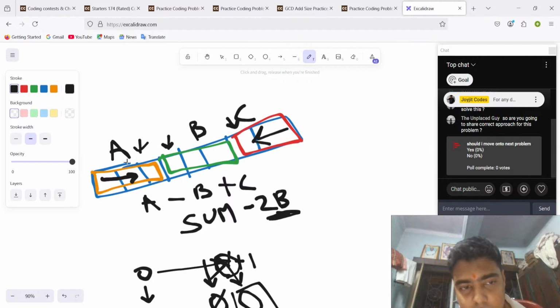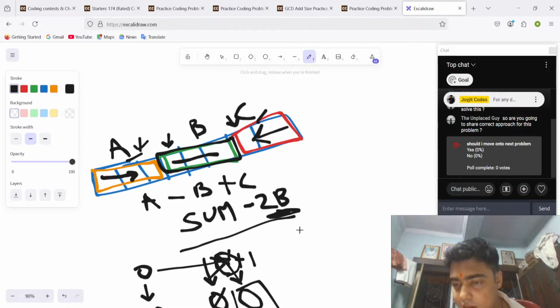Once we know that the max of A and max of C are same, we have got the number. So we can say one thing clearly, that this is the maximal length of B. You can't have it more than this. So you can find the sum of this and make sum minus 2b. Okay, clear?